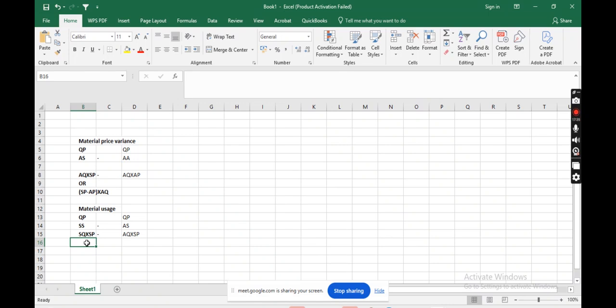You can leave it this way, or you push the standard price outside. In that case, you can have the standard quantity minus the actual quantity times the standard price, right?